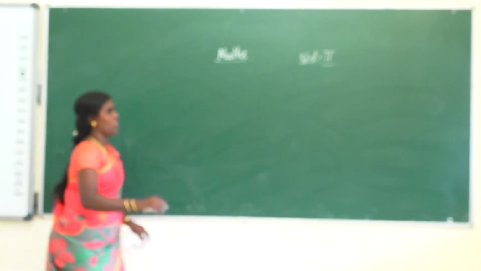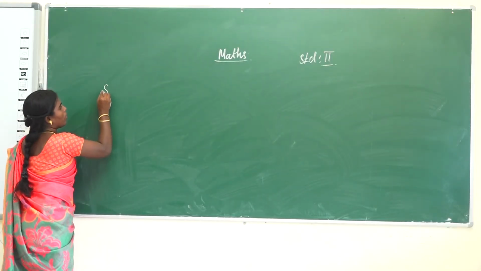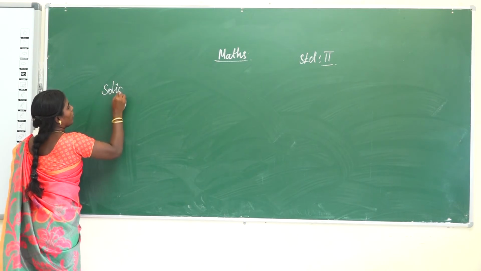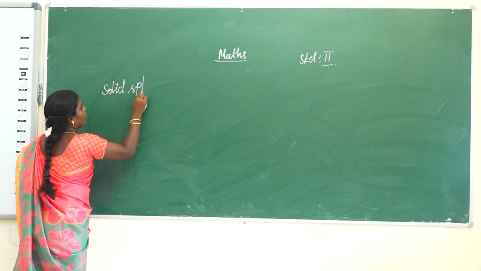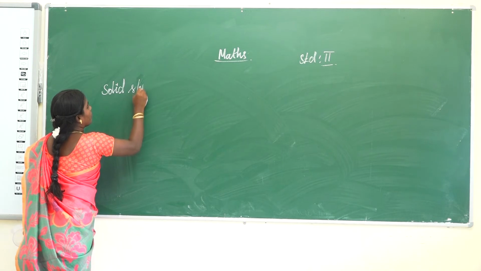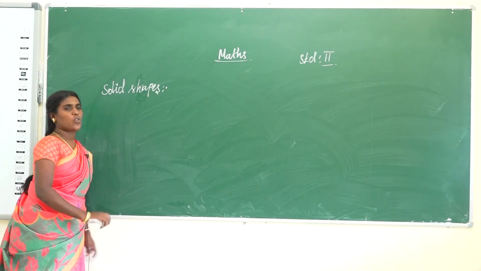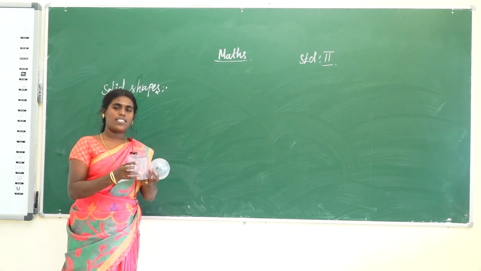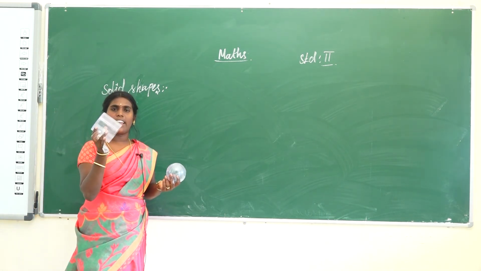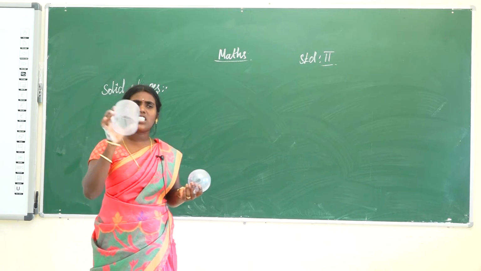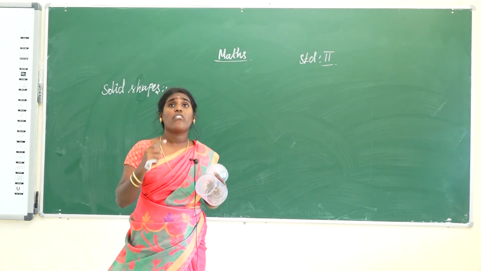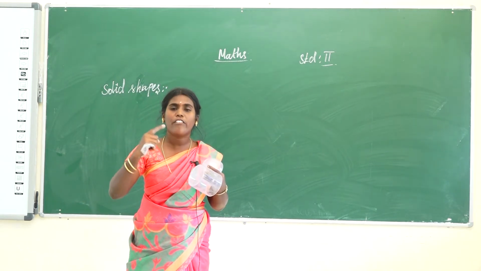Now see the roll and slide for solid shapes. What is this? That is a cylinder. It has a flat face and a curved face. Which shapes have a curved face?